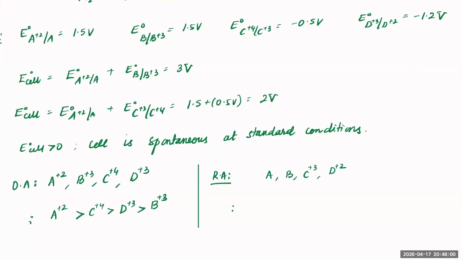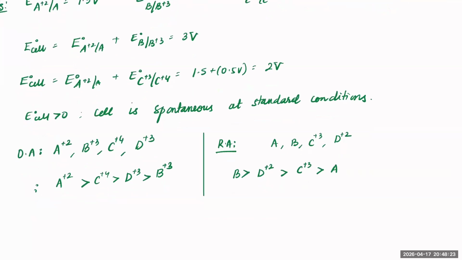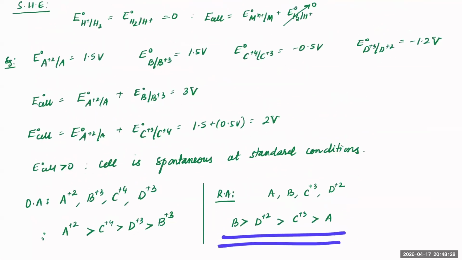Out of this, the highest value includes D plus 2 greater than C plus 3 greater than, sorry, first one is B which is the highest value here, and the last one is A. So this is the power of reducing ability or reducing agents, correct?